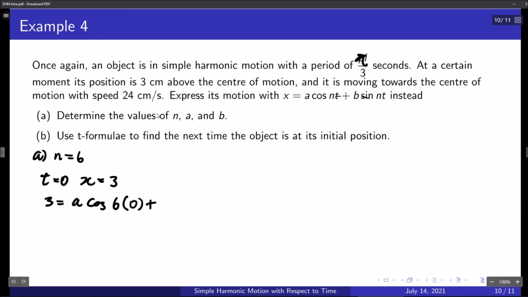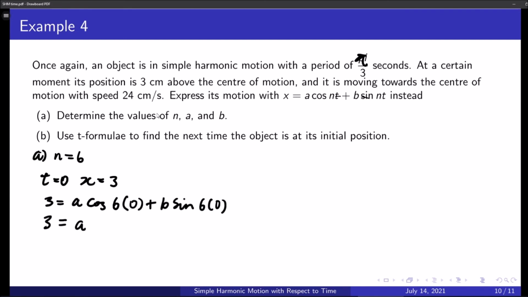Plus B sine 6 times 0. Okay, so cosine of 0 equals 1, and B times sine of 0 is 0, so 3 just equals A. Because this becomes 1, this part disappears. So that's how we find A. So how do we find B?